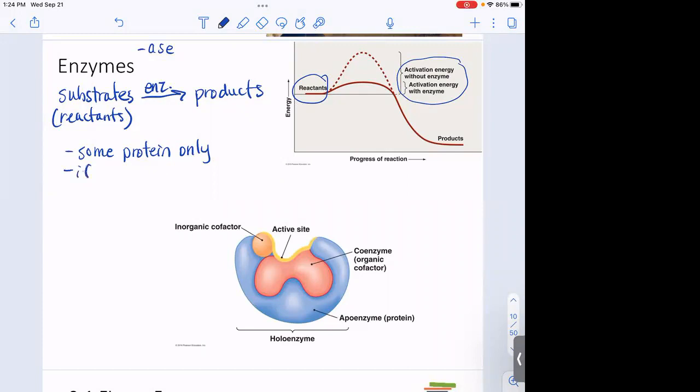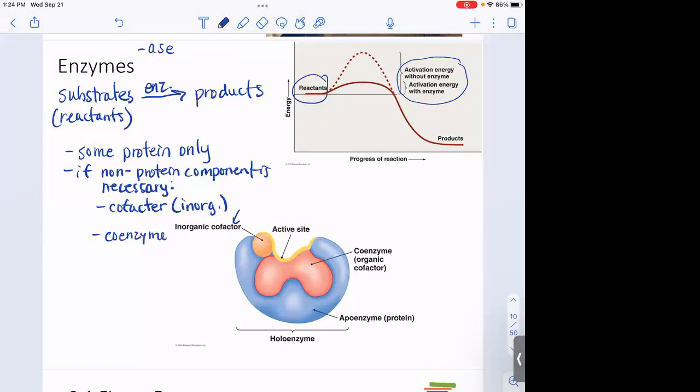So if a non-protein component is necessary, then it's either called a cofactor, if it's something that's inorganic, and it's called a coenzyme if it's something organic.